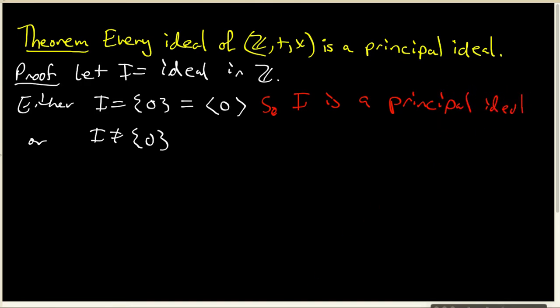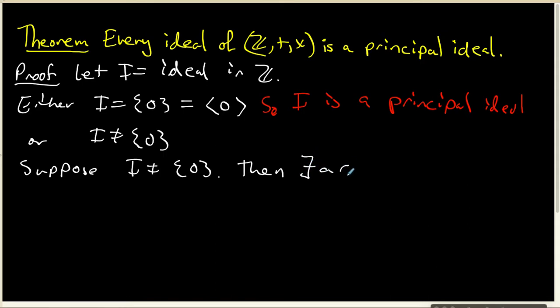So we need to focus in on this particular case. We're now going to suppose I is not the 0 ideal. Well, the only way you can be not the zero ideal is to contain some non-zero elements. So there exists an A inside my ideal with A not equal to 0 inside the ring of integers.